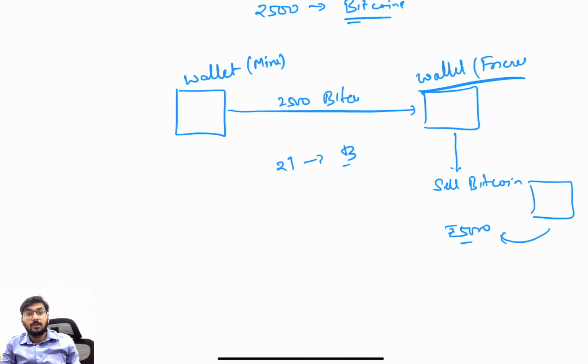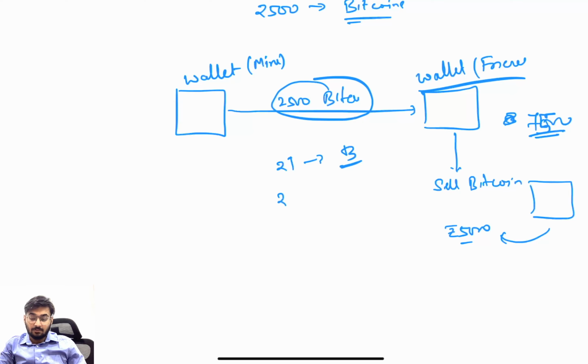You become very happy, because now these 2,500 bitcoins are valued at 7,500 rupees. Clear? So values are fluctuating. Or what if the value of the bitcoin decreases from 2 rupees to 1? Then these 2,500 bitcoins will give you 2,500 rupees.